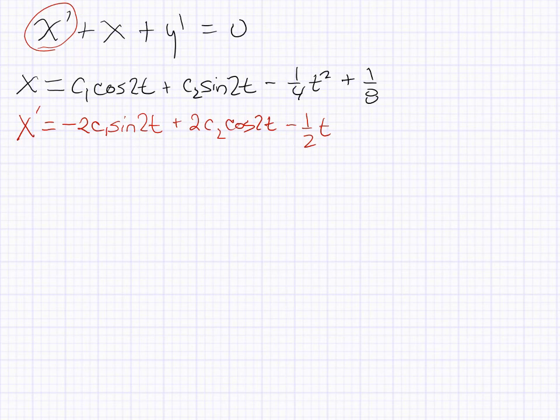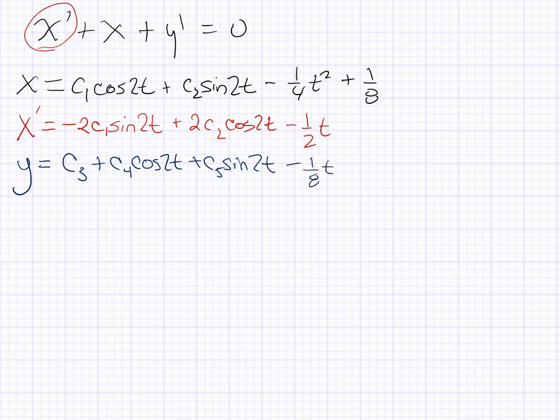And then remember, there was also y, which was C3 plus C4 cosine 2t plus C5 sine 2t minus 1/8 t plus 1/4 t squared plus 1/12 t cubed. And we're also going to need the derivative of that for this piece. So there's y prime. So what are we going to get? Well, C3 is going to go away because it's a constant.